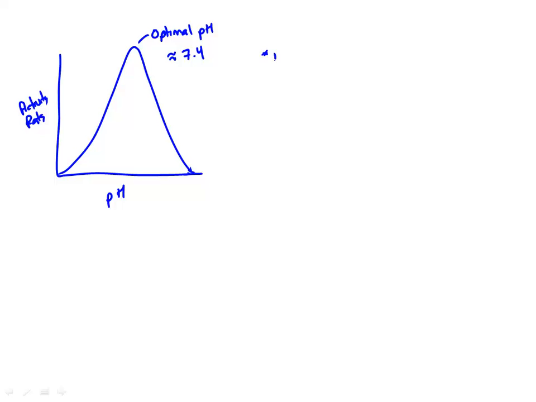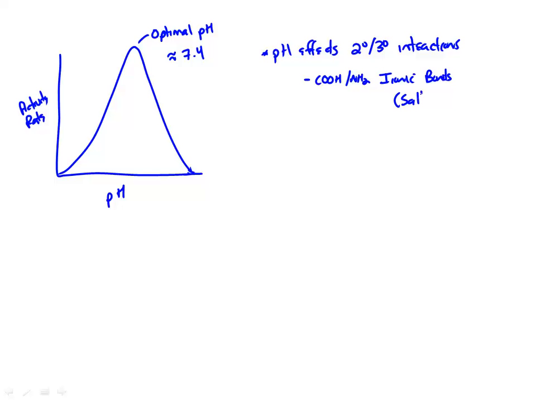And pH basically affects both secondary and tertiary interactions, in that it changes how side chains like carboxylic acids and amines form ionic bonds. Oh, I'm sorry, we call those salt bridges if we're chemists.